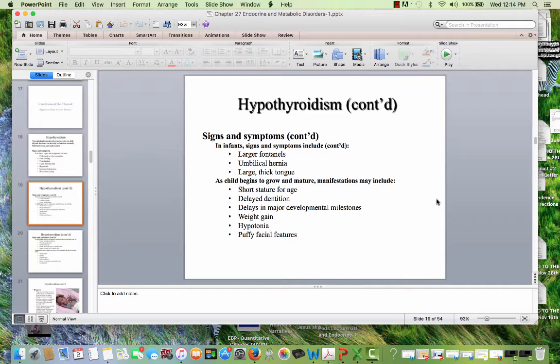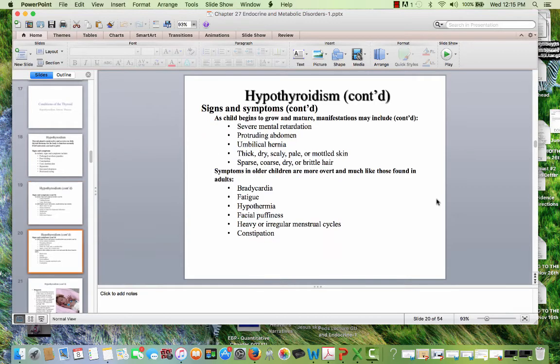Often these kids will get labeled as failure to thrive, which I believe we're going to talk about in our GI lecture. A hallmark is puffy facial features as well.